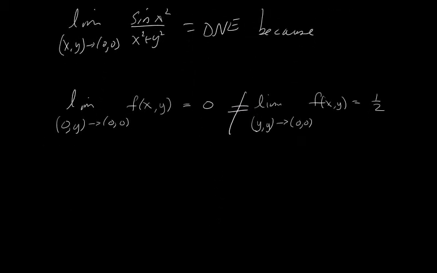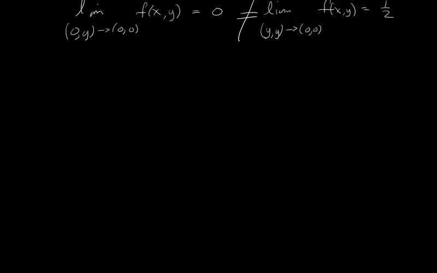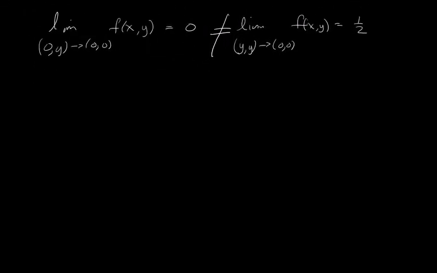Okay, so now let's talk about continuity of a multivariable function. Continuity is going to be very much like we had seen continuity in Calc 1. If the limit for the function exists at a point and f of that point is equal to that limit, then it is continuous at that point.